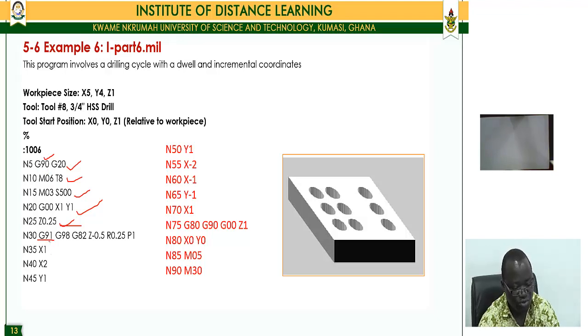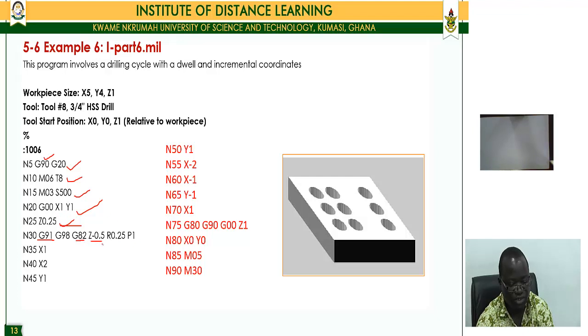Then we issue a G91, which means we have moved to relative coordinates, and then that is a G82 Z minus 0.5, and the retract is 0.25.